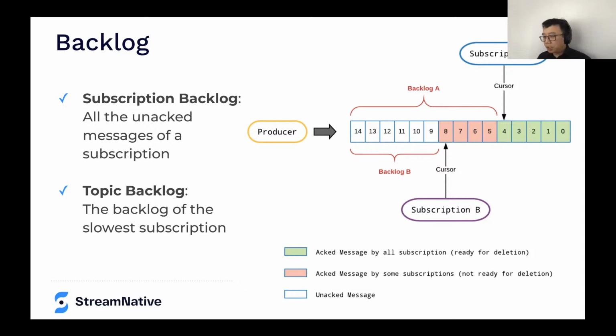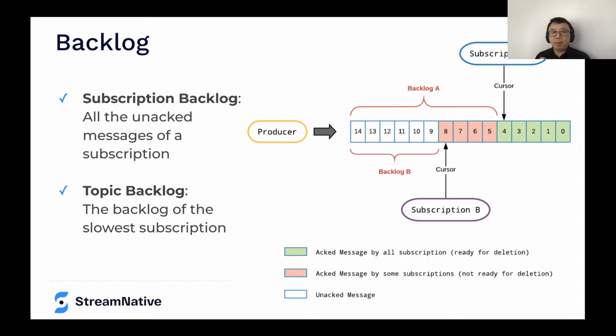So until now, we have a clear picture about the topic partition as well as the cursors. To simplify that, I will just remove the consumers from the subscription group. And this would help us understand the concept of backlog. So what does backlog mean?